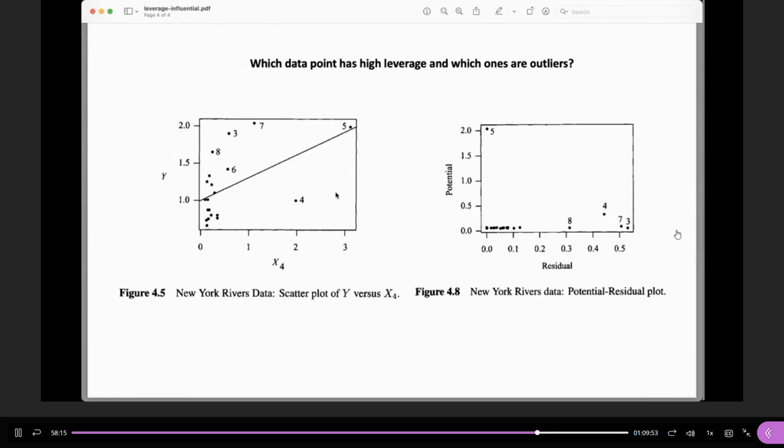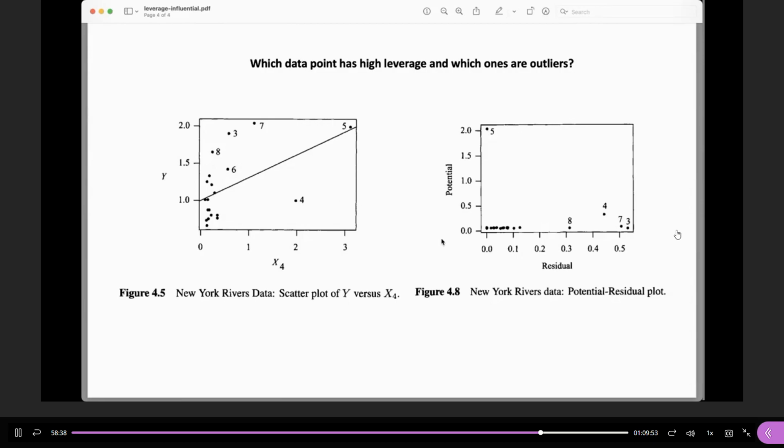If you just look at the plot on the left, it's not obvious, right? You have a cluster of data centered around 0 at the beginning, and then you have points starting from 3, 4, 5, 6, 7, 8. All these data points look very suspicious, but we don't know in what way exactly they are suspicious, right?